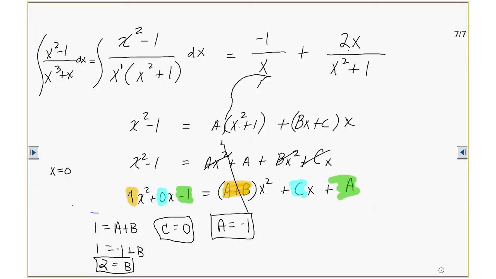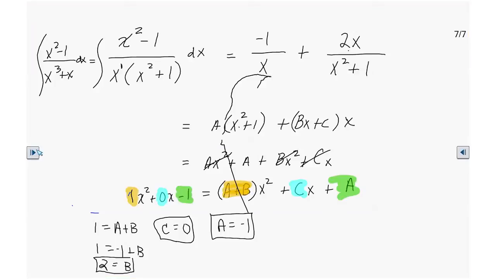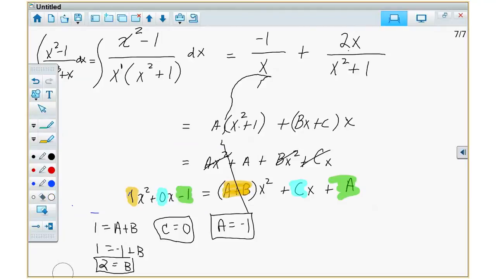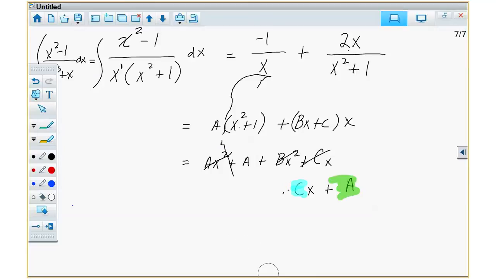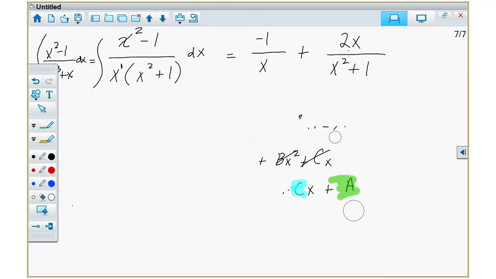So now we can erase all the algebra, now that we're done with the algebra. Why can't they make the eraser bigger? I don't understand that.